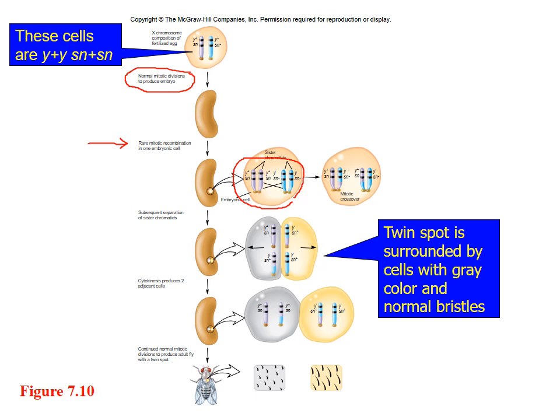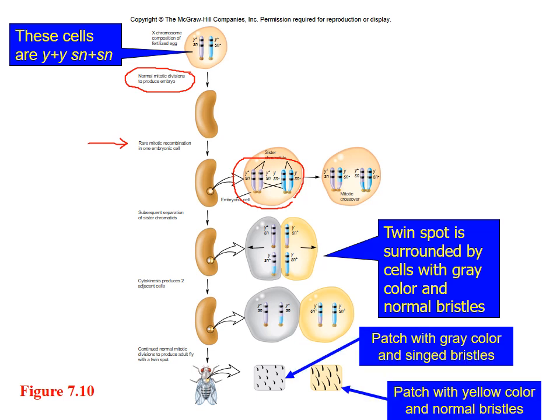The twin spot in this case is going to have the gray coloring with the normal bristles, which is different from the rest of the body. And as the organism continues to develop, these cells will then contribute to patches of tissue. One will have the patch with the gray color and the single bristles, and others will have the patch with the yellow color and the normal bristles.